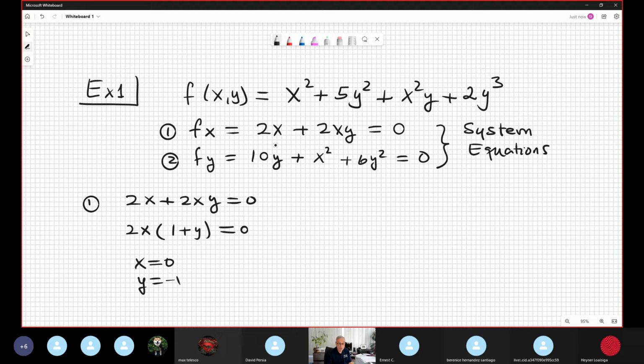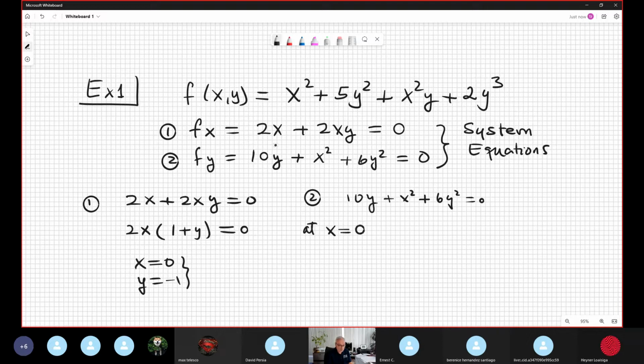Cool. Then substitute into the other equation, and the complicated one is equation 2. One by one, of course. Equation 2 is 10y plus x squared plus 6y squared equals 0. Suppose x equals 0.